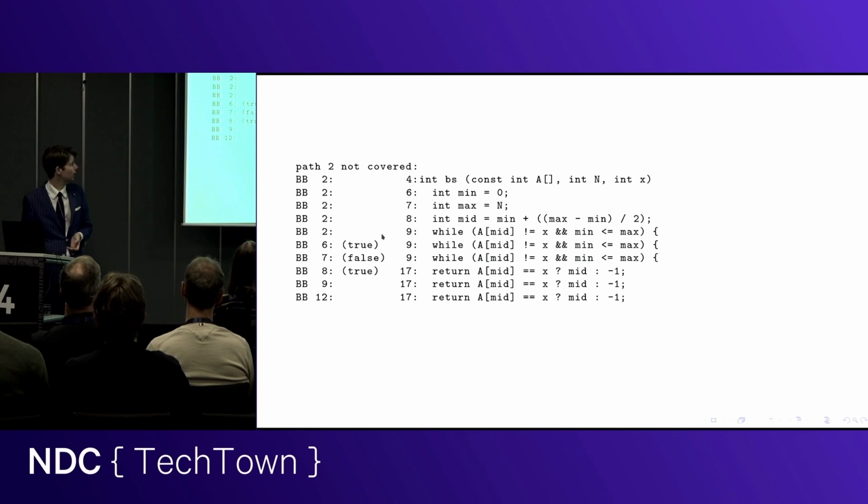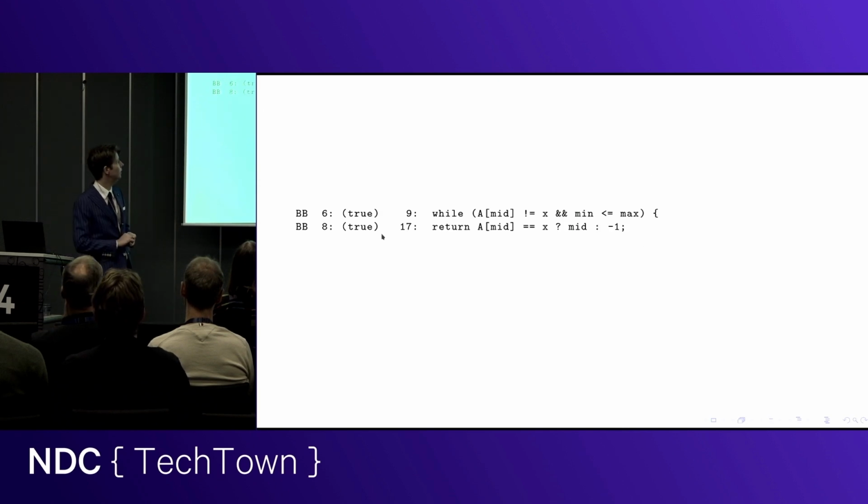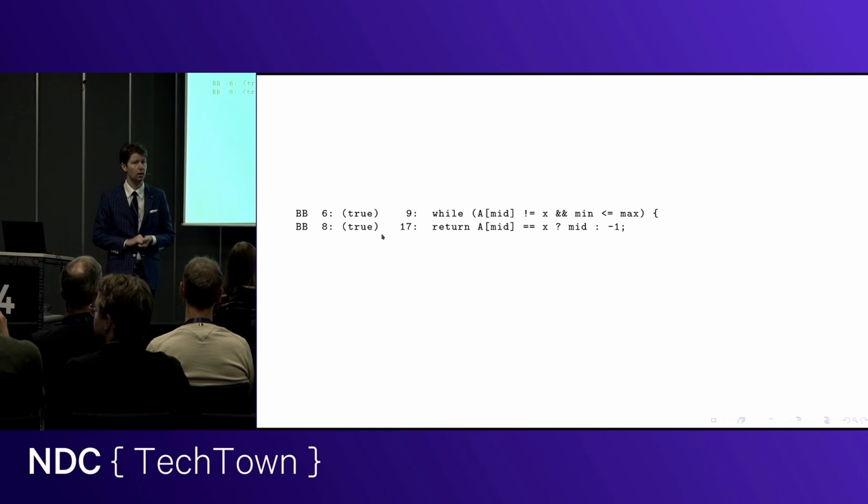So really what we're asking here is we want both of these to be true at the same time. We want both the middle element to be x and the middle element to not be x at the same time. I think that's going to be very difficult.